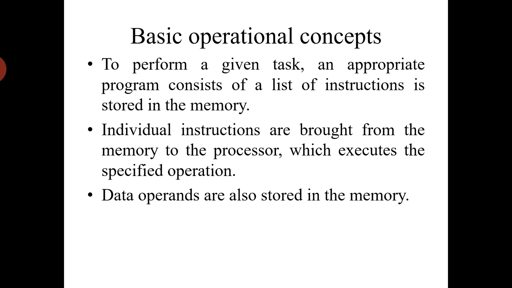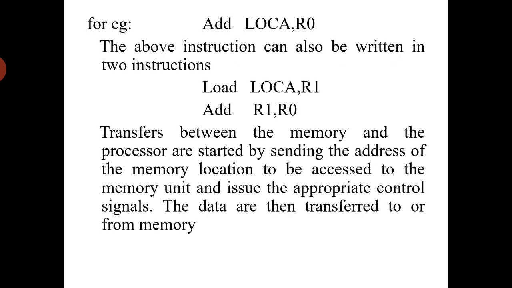For example, consider the instruction ADD LOCA, R0. Here ADD is an opcode. Next we have LOCA, location A, and R0. Location A is an address in the main memory.